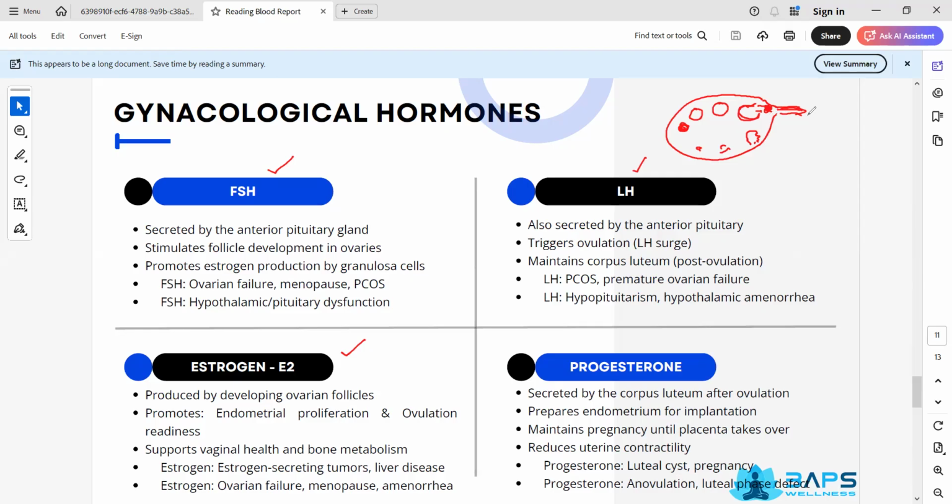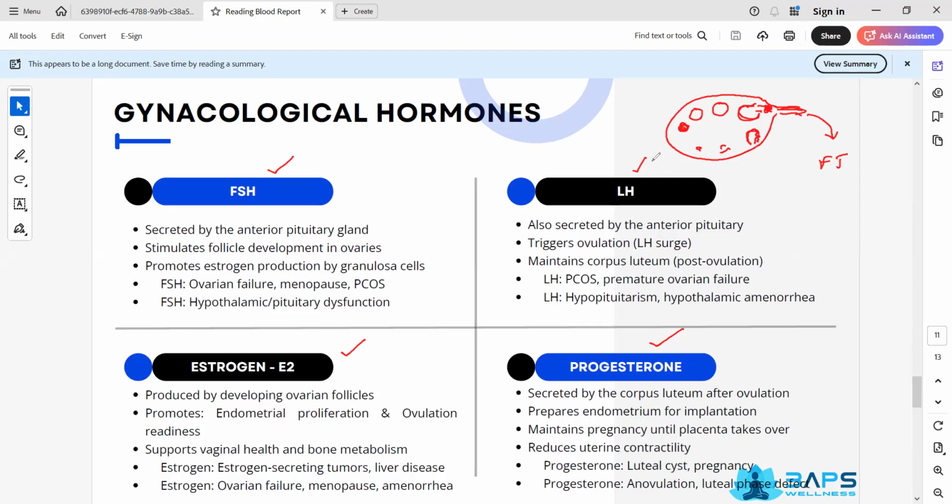Afterwards, the ovum goes into the fallopian tube, anticipating the sperm. Otherwise, it gets into the uterus and it dies. Whatever remains there is called the corpus luteum, and it produces progesterone.